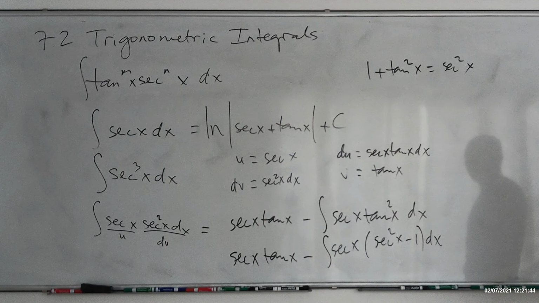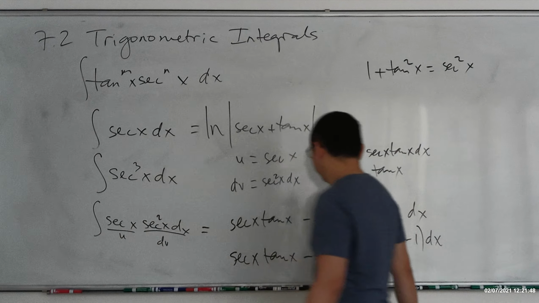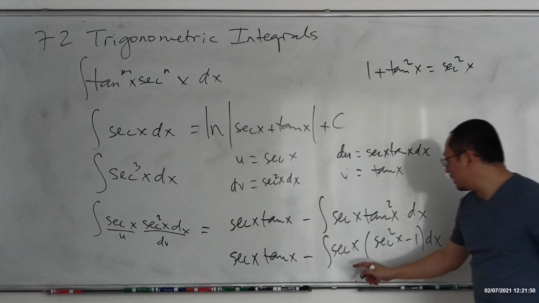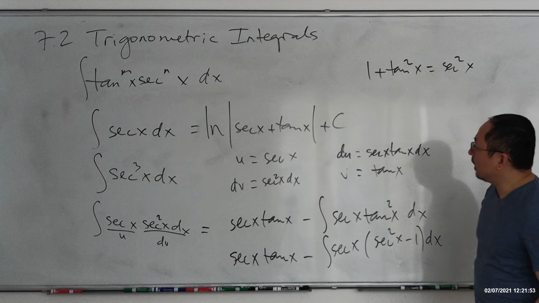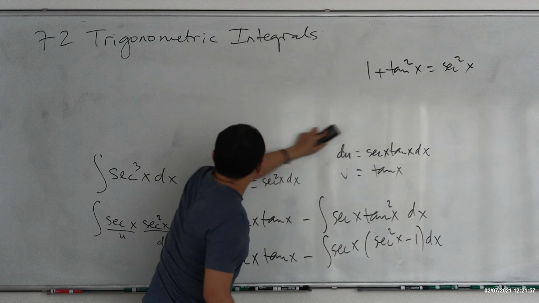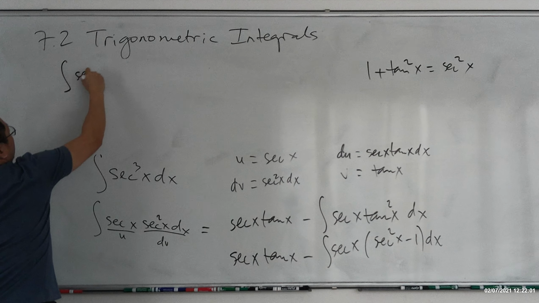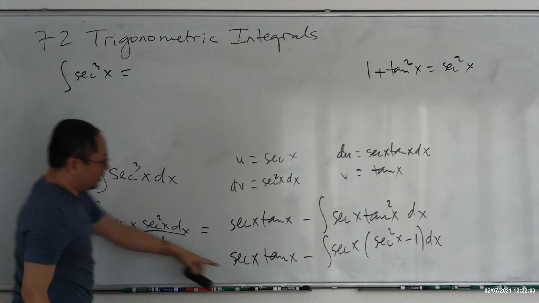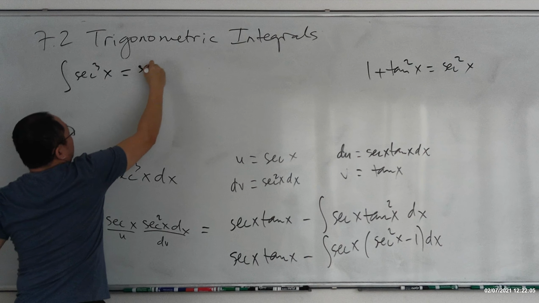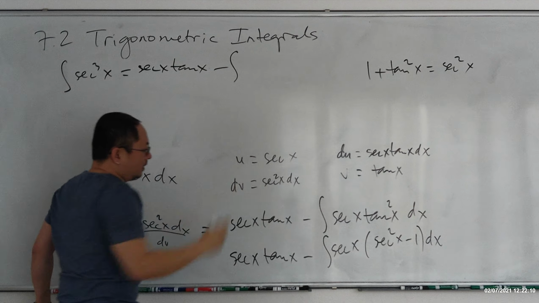You guys see the problem is getting harder, right? Okay, and this integral is what? I need some room to write, so let me erase that part. I'll rewrite in here. Integral of secant cube of x is going to be equal to secant x tangent x minus integral.